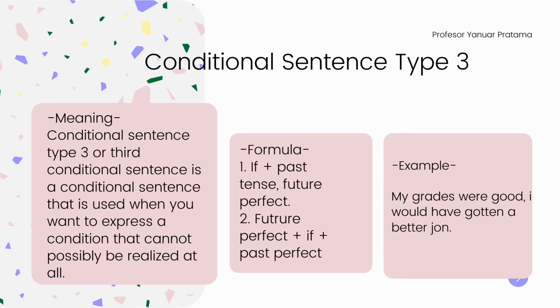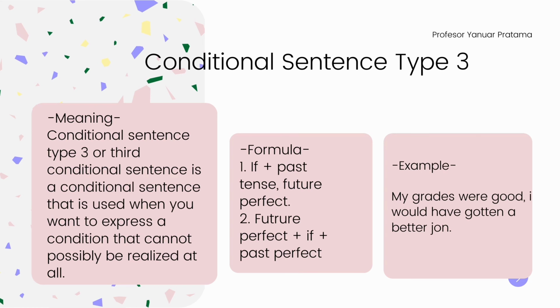In the third type of conditional sentence, the past perfect tense is used, and an auxiliary modal is also added: would, should, and could. The formula of conditional sentence type 3 is if plus past tense, future perfect, and future perfect plus if plus past perfect.